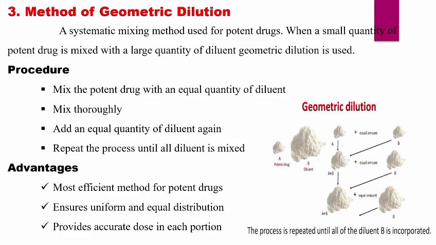After getting a product, next we add an equal amount of diluent to the mixed product. After mixing thoroughly, we get another product. With that amount, we add an equal amount of diluent. Repeat the process until all the diluent is mixed.